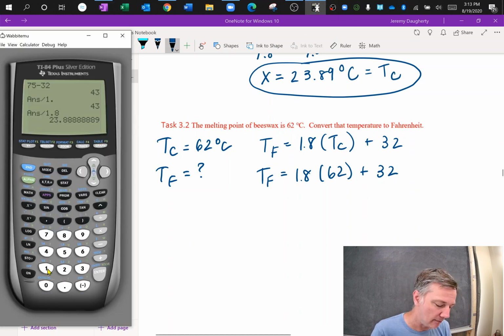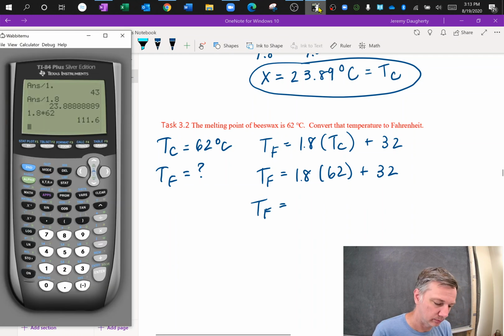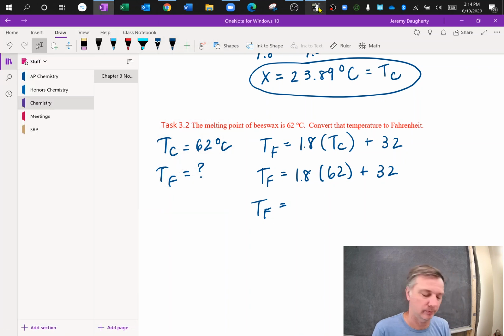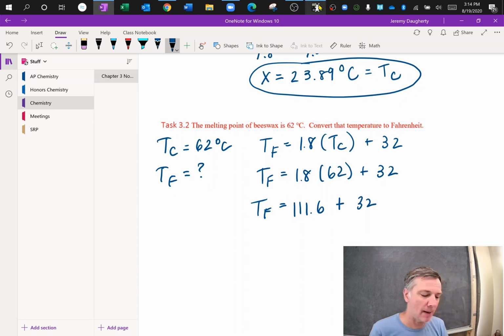I've got 1.8 times 62. And I get a value of 111.6. Now, to that value, I'm going to add 32.